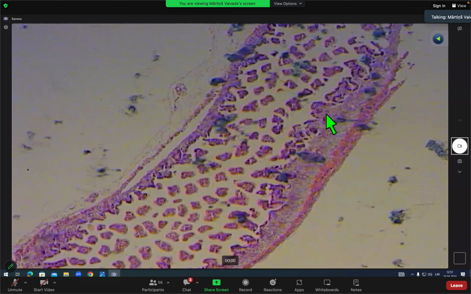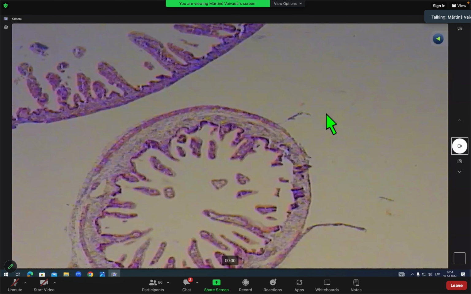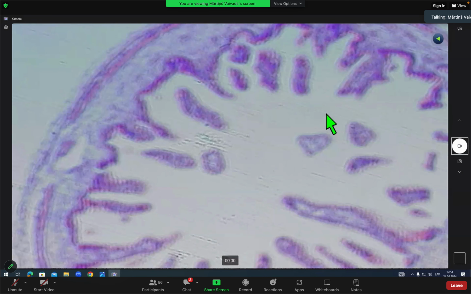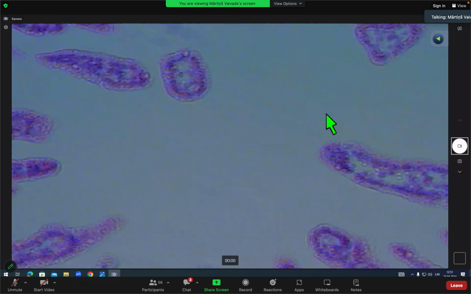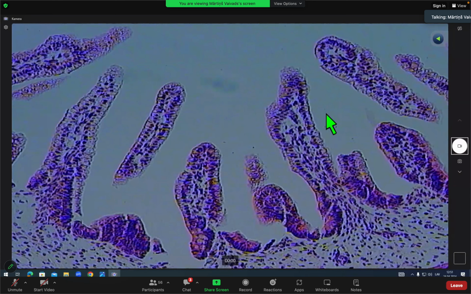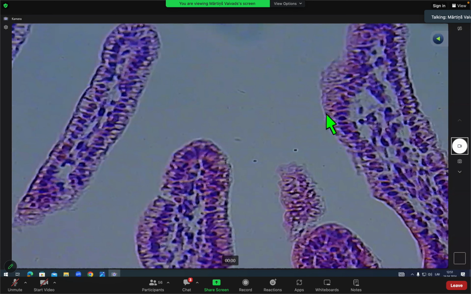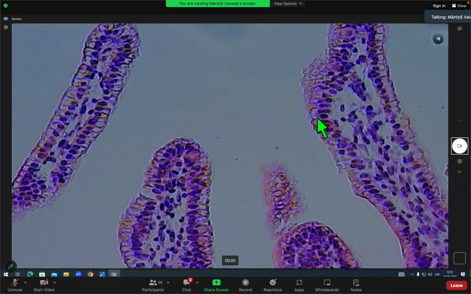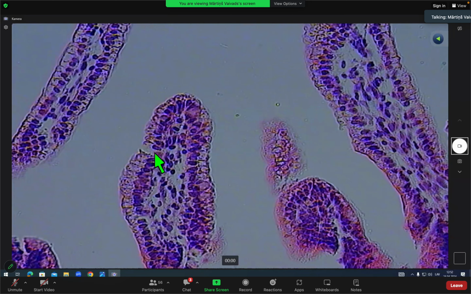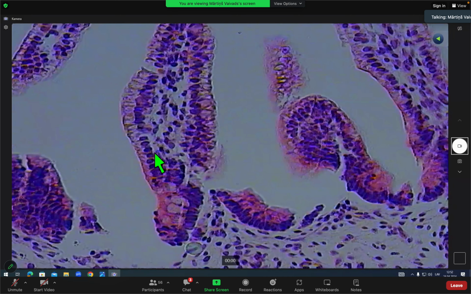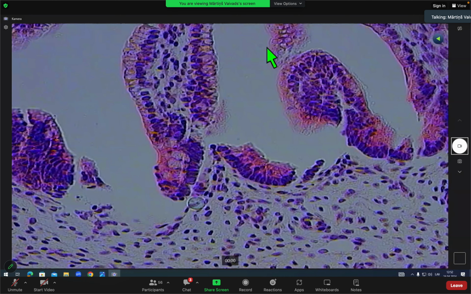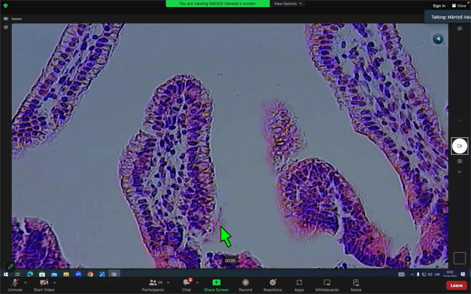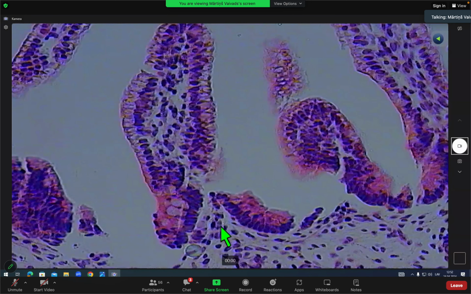Like here, there are some sections that are more cross-sectional, but if we zoom in, again, we see the intestinal villi with simple columnar epithelium. We can nicely see enterocytes. There are even some goblet cells in the slide as well. Then these epithelial fragments after recanalization can also appear a little bit. So epithelial remnants or fragments after recanalization.